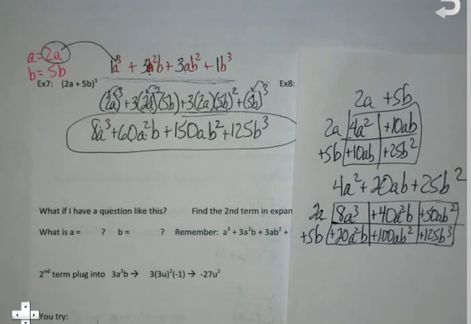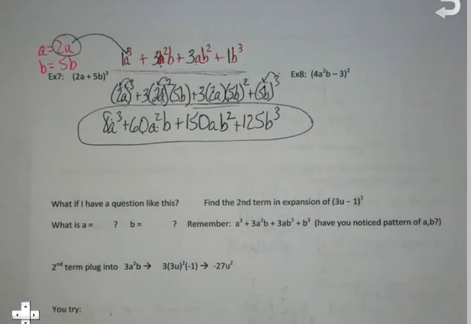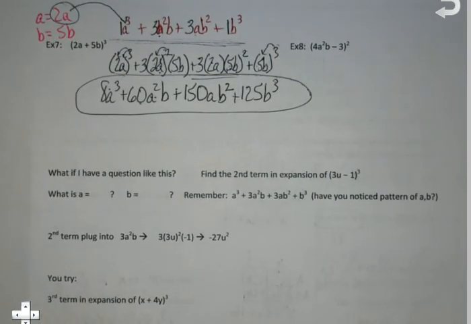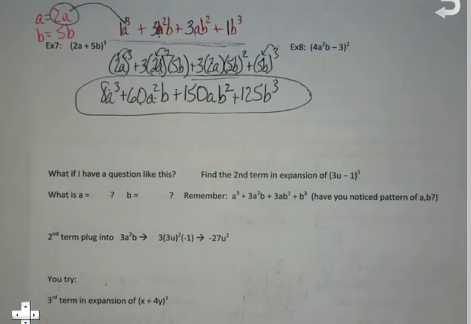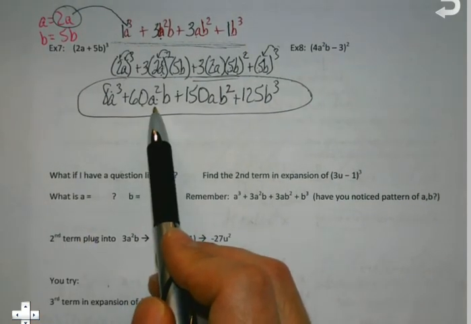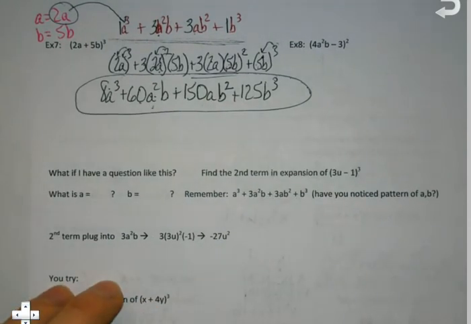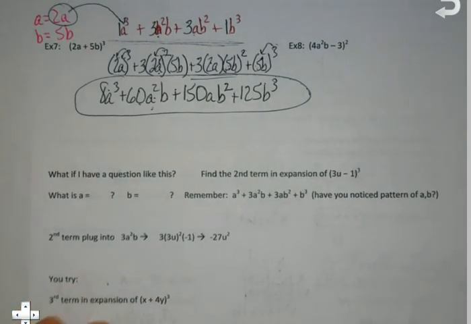But here's where I really think understanding the triangle helps. When you get down to the bottom here, what if I have a question like, find the second term in the expansion of the quantity 3u minus 1 cubed. In other words, if I ask that in example 7, this is the only piece I want. If I understand the pattern, this is going to go a lot faster.